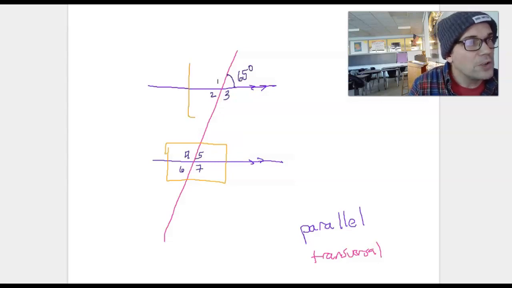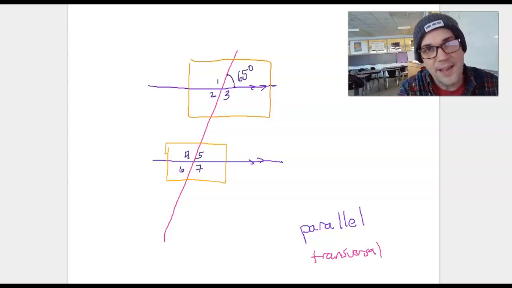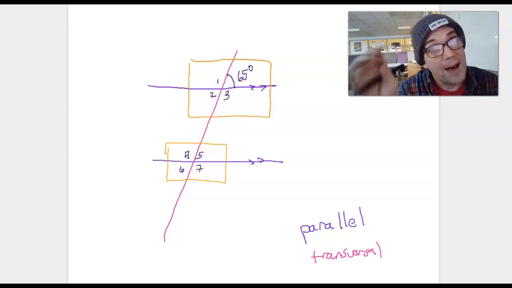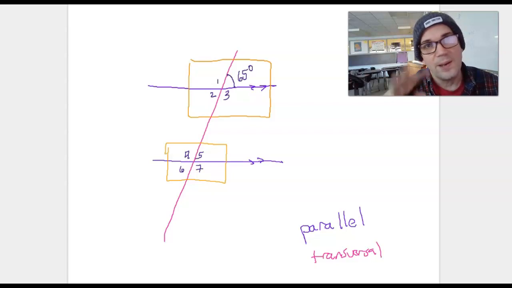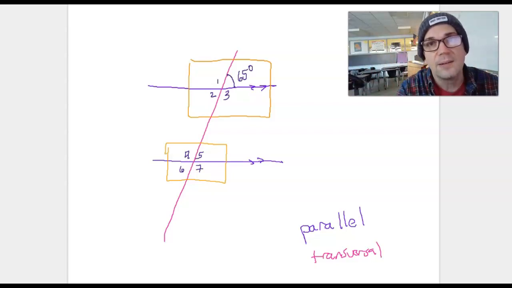As soon as I get this orange box figured out, since the yellow box is basically the identical intersection, it'll have all the exact same angle measurements going on. And this is where we have a lot of vocabulary because there's lots of ways to compare angles. But the math, I hope, is not too bad.